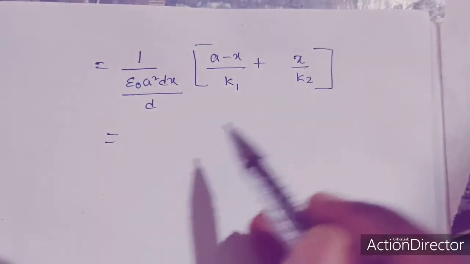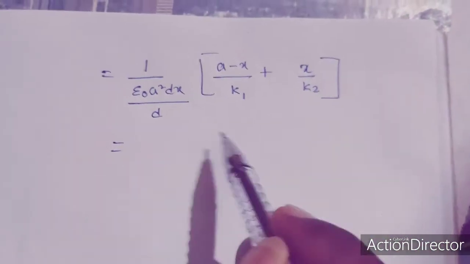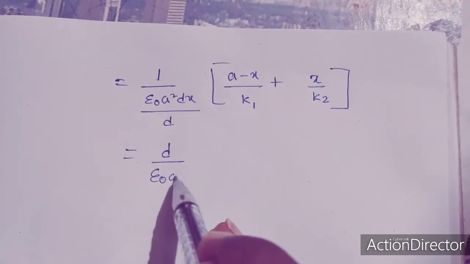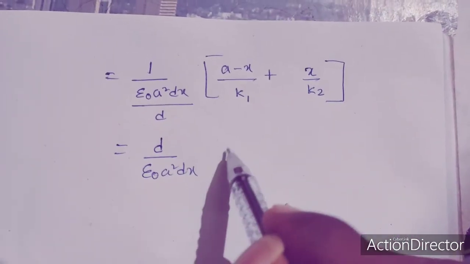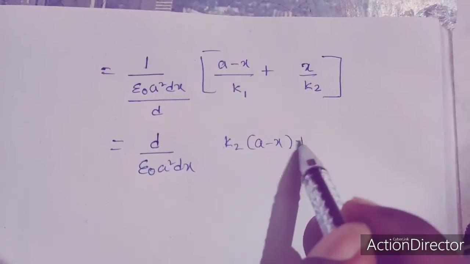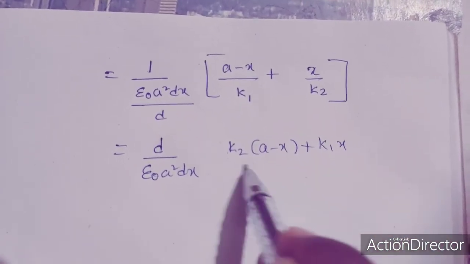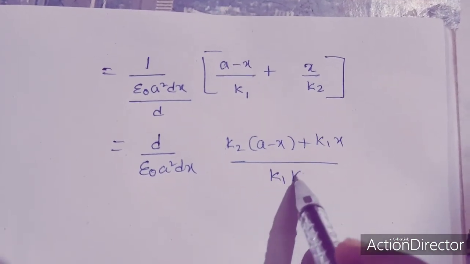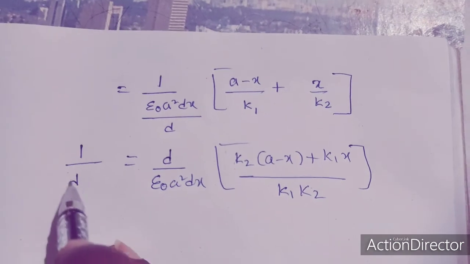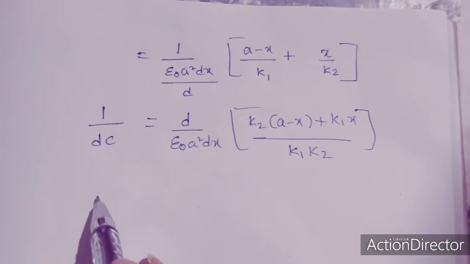Okay students, just simplify this value. dC by epsilon naught a square dx is equal to k2 of a minus x plus k1x divided by k1 k2. So we got this value. dC equals how much?